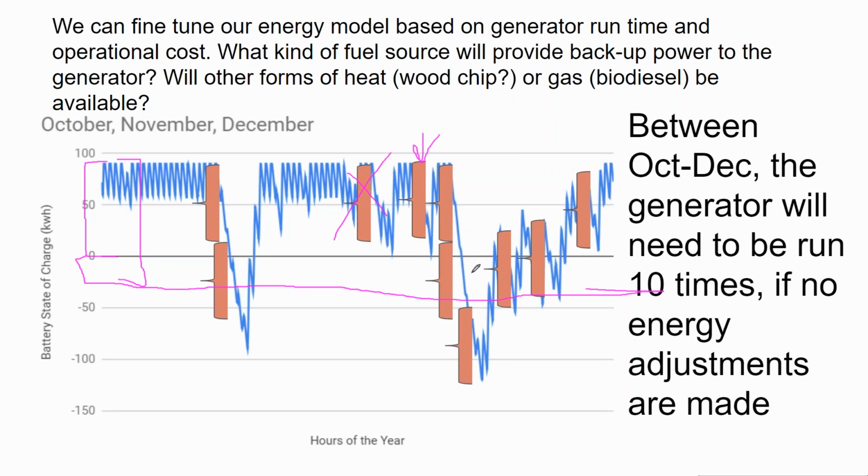And then on top of that, if I click my generator on at this point and charge it all the way back up to the top, I could probably get rid of running my generator here, here, and here as well. And so when I'm right sizing my system, reducing the number of times that the generator needs to be run and getting that down to 2 or 3 times a year is a pretty good number.